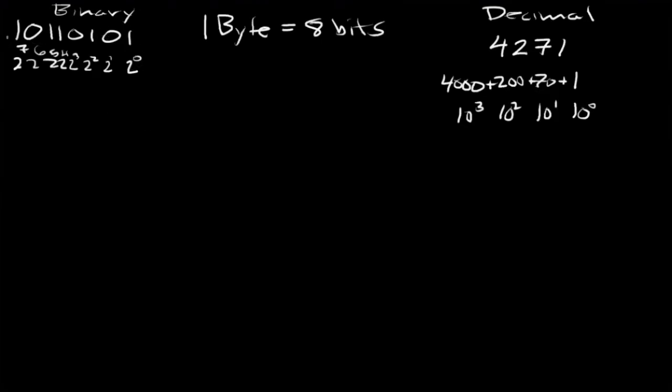So then I can figure out what this number is by looking at what I have. 1 times 1, well, that's a 1. 0 times 2, well, that's nothing. What's 2 squared? So then 1 times 4 would be 4. So I'm going to add a 4 in there. No 2 cubed. There is a 2 to the 4th, so 16.